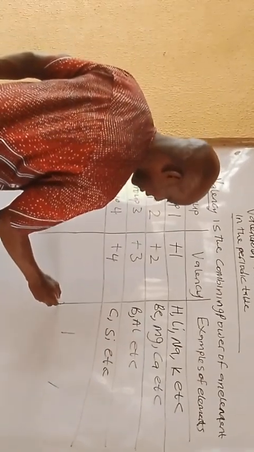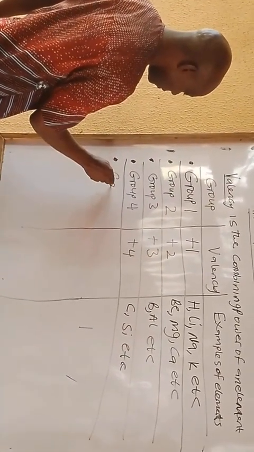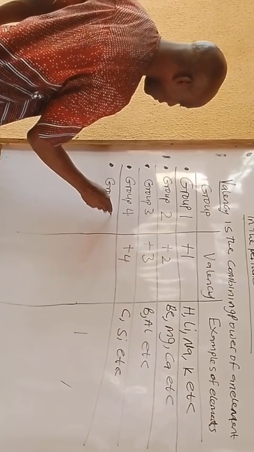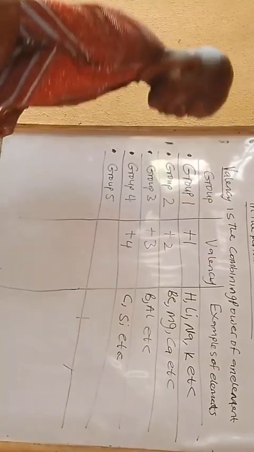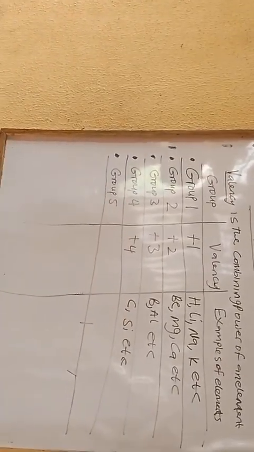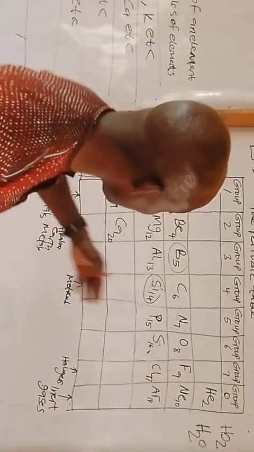Then you have to be very careful at this stage. All elements in group 5 do not have a valency of +5. Negative valency, or let's say negative oxidation number, starts from group 5, because non-metals start from there.